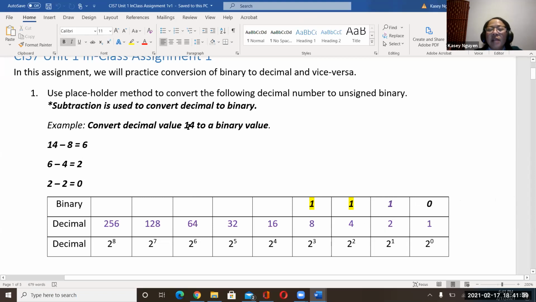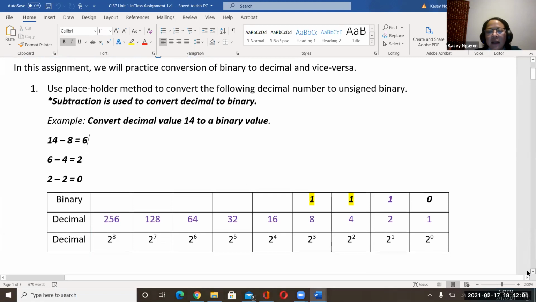So when you're going from decimal to binary, you simply use the subtraction method, or you can do a division method, but in this one, it shows you the subtraction method. Once you have 0 left, you're done. You subtract until you cannot subtract anymore, when you get to 0.